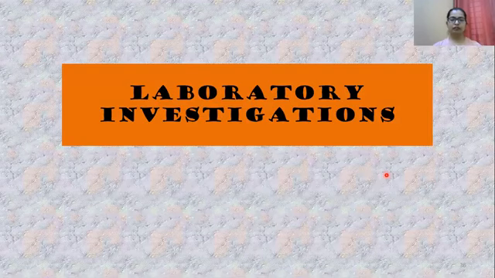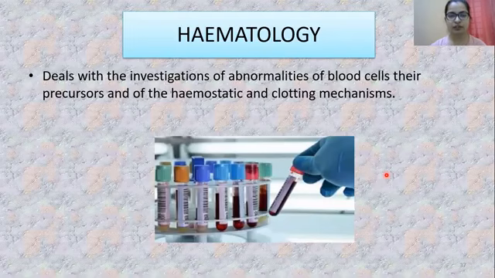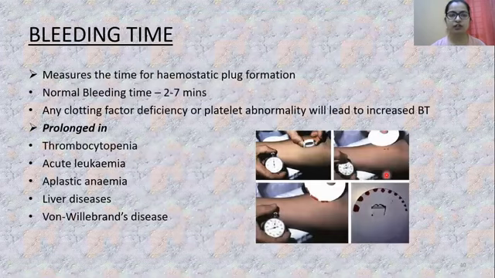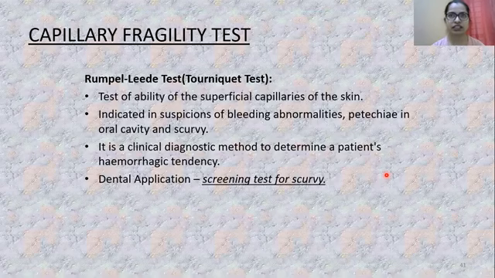Now moving on to laboratory investigations, we have first the hematological investigation, where we send blood samples for different investigations. That can be for the red blood cell count or hemoglobin count or bleeding time. Capillary fragility test, we do most of the time as a screening test for scurvy also.